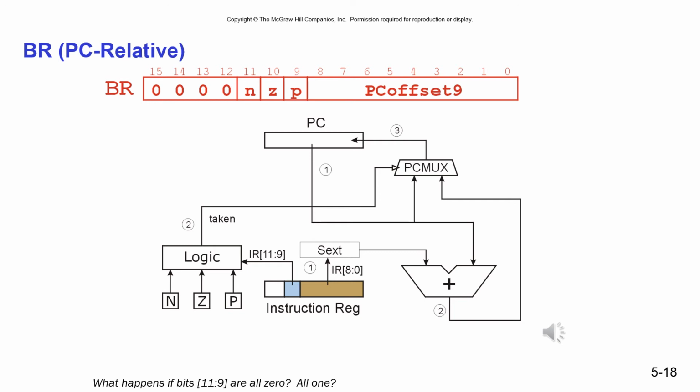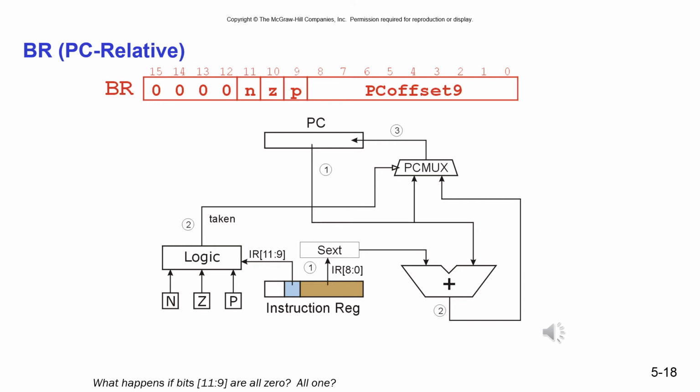So if you have 1, 1, 1 in bits 9, 10, and 11, it then becomes an unconditional branch. It is going to branch if the condition code is negative, if it's 0, or it's positive. But if you have 1 in N, 0 in Z, 0 in P, it's only going to add that program counter offset if the condition code is negative when this instruction is encountered.